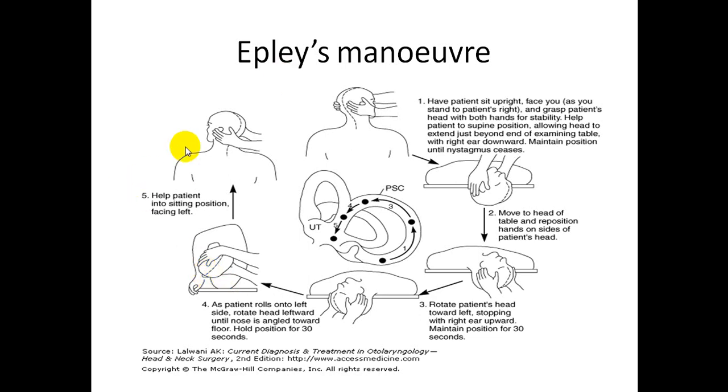And step number 5, we help the patient into a sitting position facing left. Also hold the position for 30 seconds. And then we ask the patient to sit in a neutral position with his face forward.